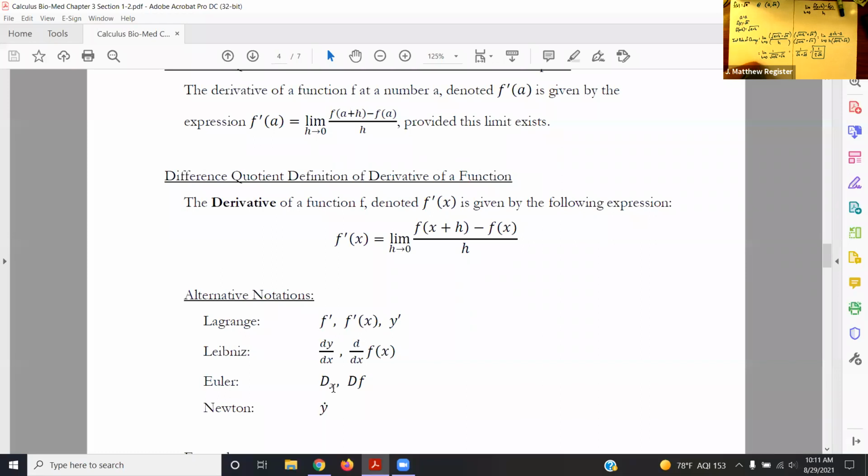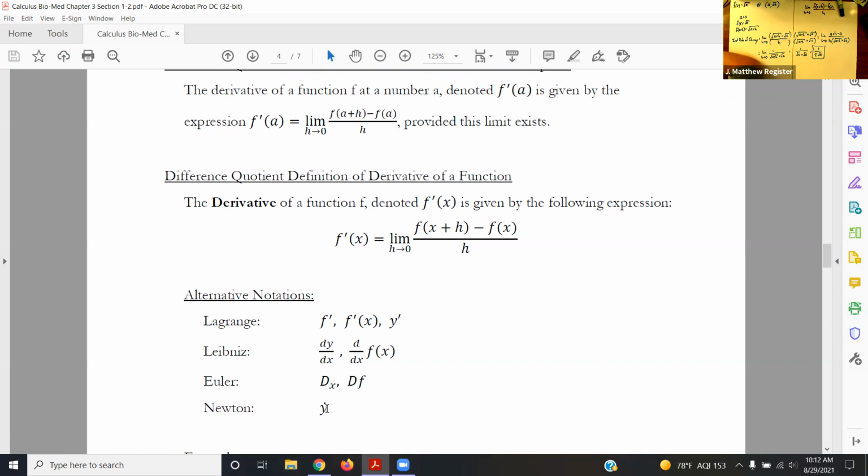The reason for this is because this idea of a derivative is really taking one function and giving you a new function out of that function. And so this is a way of notating that we're getting a new function from our starting function, kind of like functions of functions.